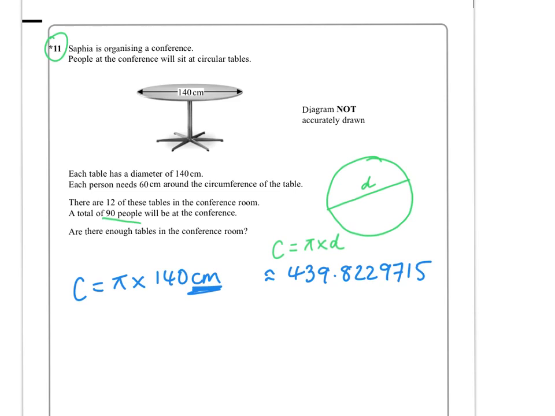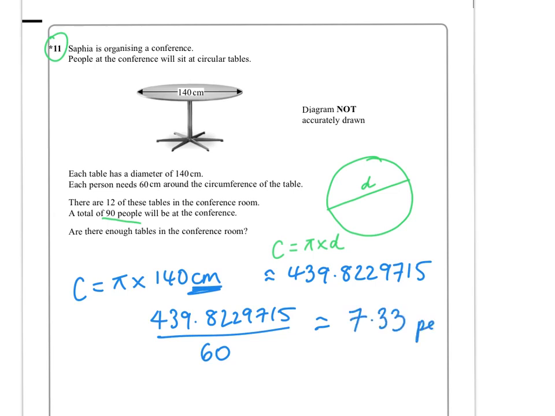So we can say 439.822975 divided by 60, we would get roughly 7.33 people per table. And we've got 12 of these tables.